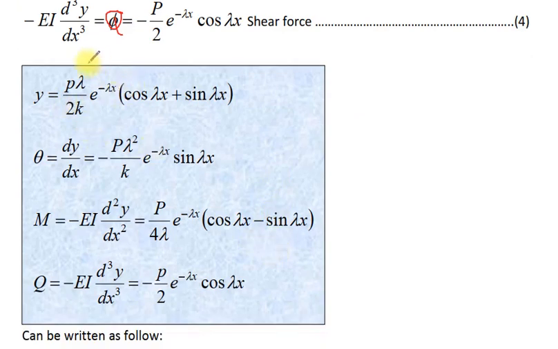Now we have four equations. The first equation is to compute the deflection at any point, the second equation is to compute the slope of the deflection curve, the third equation is to compute the moment, and the fourth equation is for computing the shear.